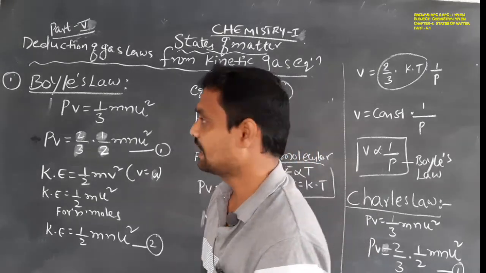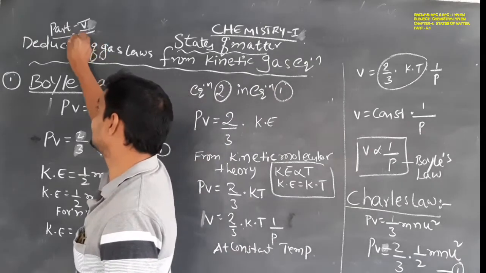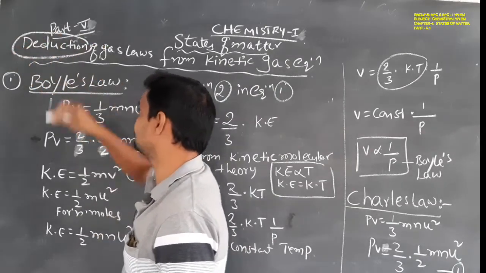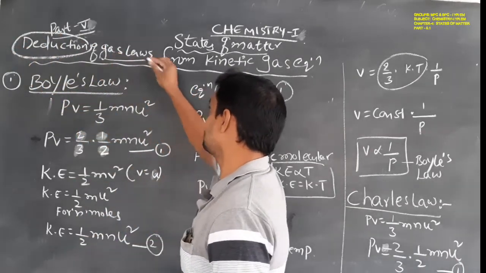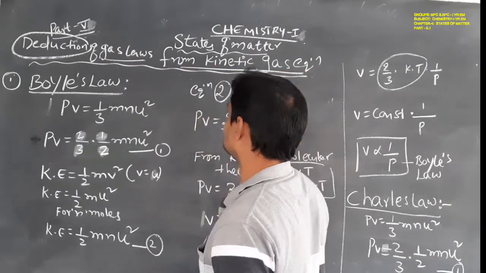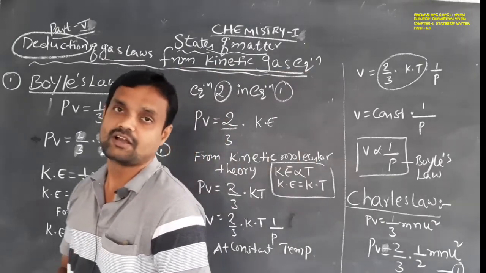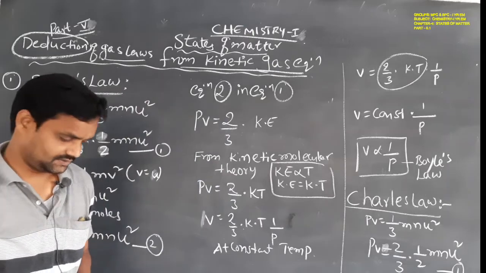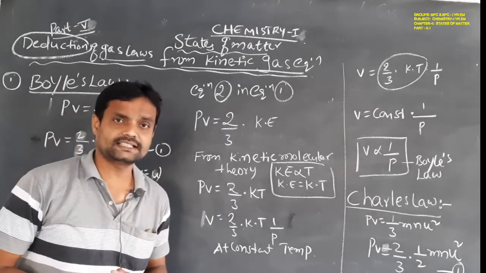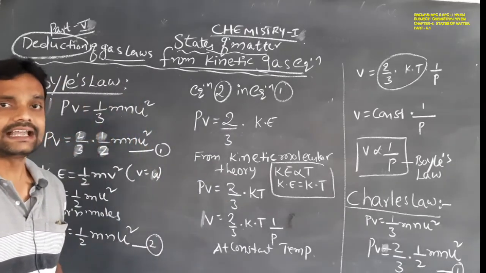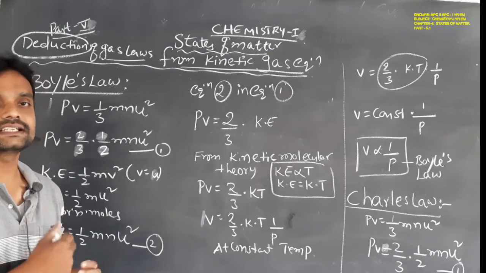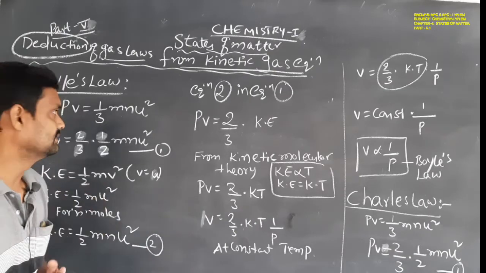Okay students, our topic is the deduction, meaning derivation, of gas laws from the kinetic gas equation. How can we deduce the gas laws from the kinetic gas equation? Let us see.